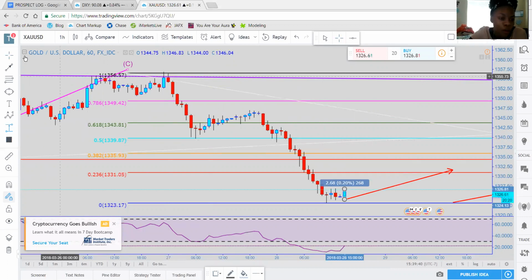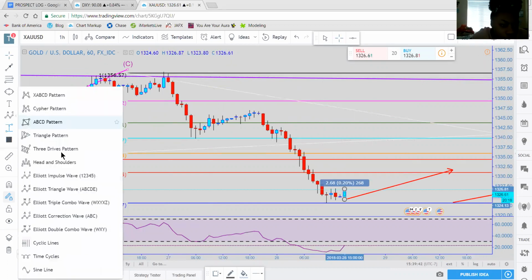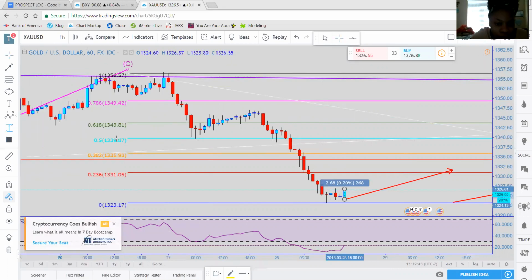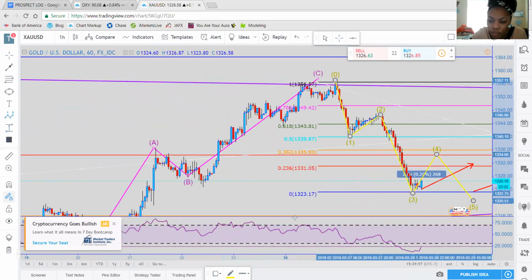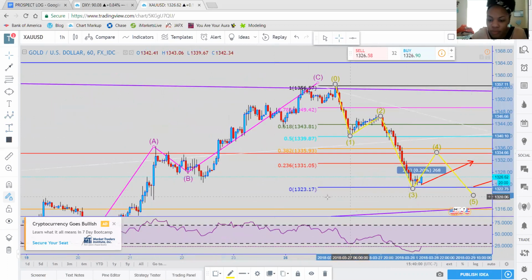So, again, with the whole wave thing, this is what I would do. Impulse, correction, impulse somewhere here. Finish the wave going down somewhere. Don't know how far down, but you kind of see what I'm saying.